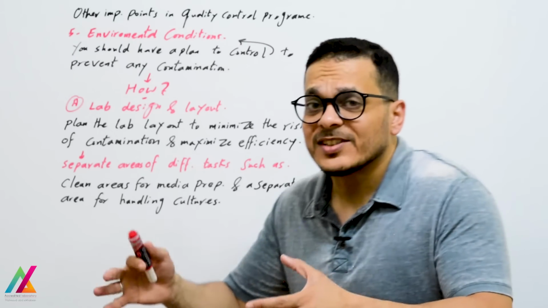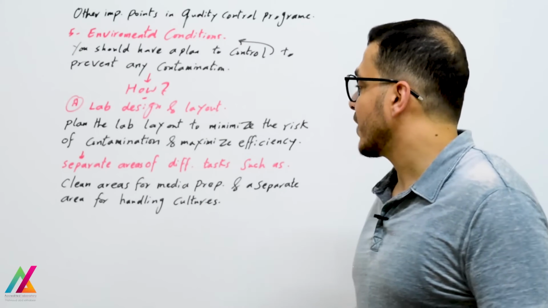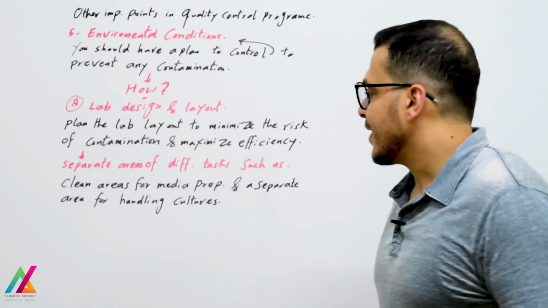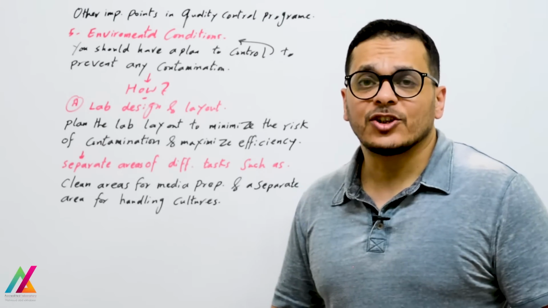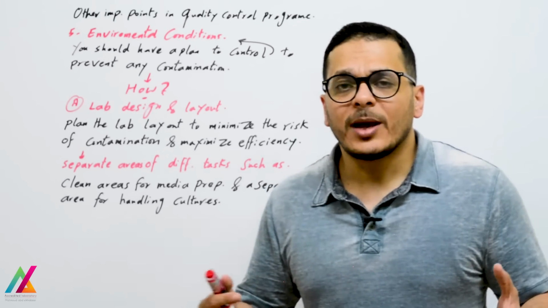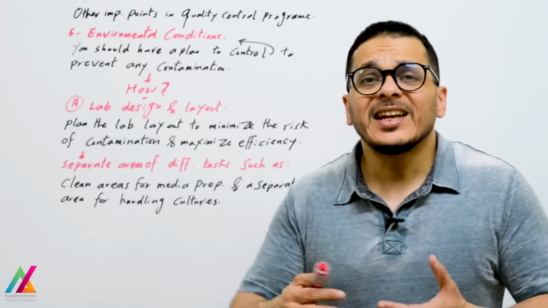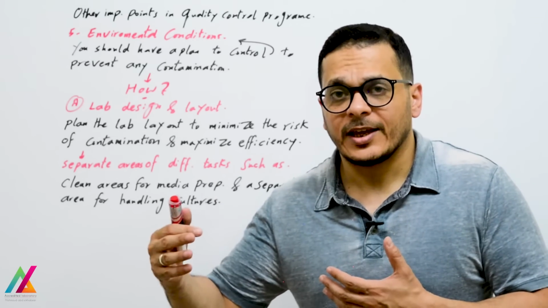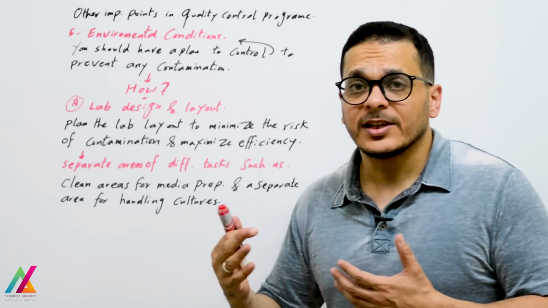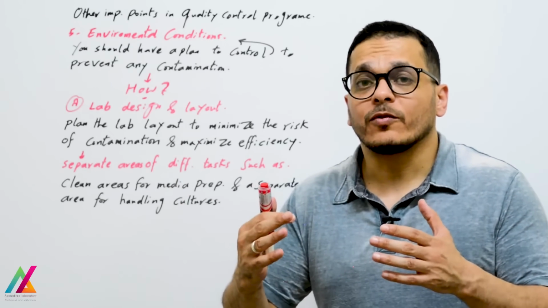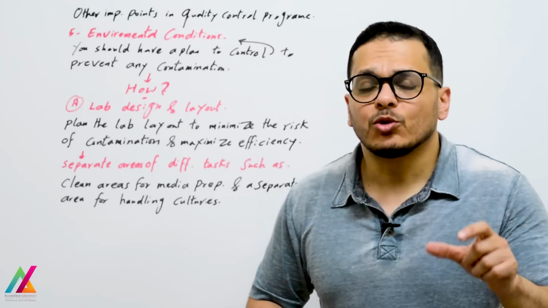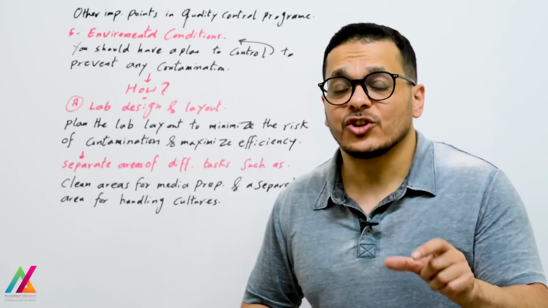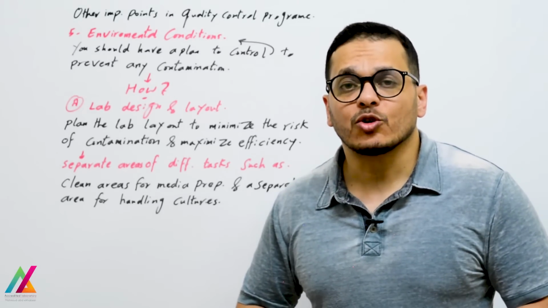So you will have separate areas for different tasks, such as clean areas for media preparation and a separate area for handling cultures. So you should prepare your lab to prevent any contamination. Many things can also be added from the beginning, from the preparation of the layout of the lab, to minimize the risk of contamination inside the microbiological lab.